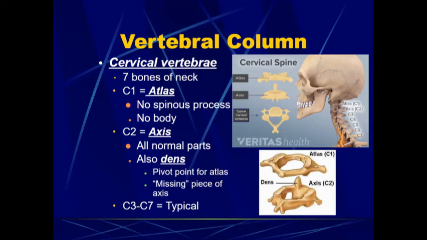It's believed to be the missing body of the atlas attached onto the axis. And so it allows pivoting of the head at that joint. The other cervical vertebrae, from C3 to C7, are very typical, looking like the one that we saw on a previous slide.